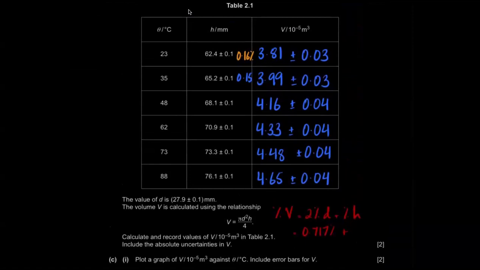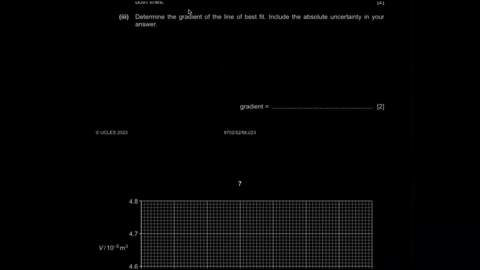So theta being 23 leads to V as 3.81. So 23 and 3.81. Also note here, this is not 0, 0. So this is a false origin. If you feel like you are a forgetful person, do write this down so that you remember that your y-intercept will not come from wherever this line cuts the y-axis, right?